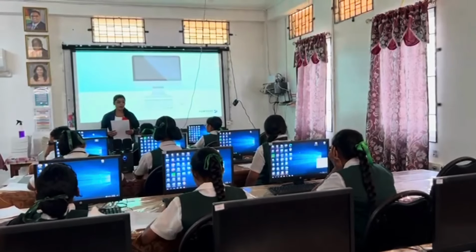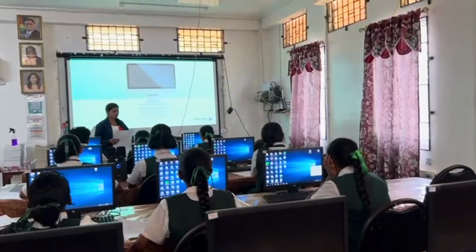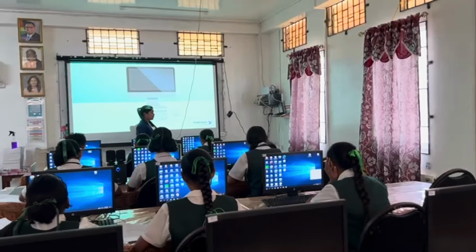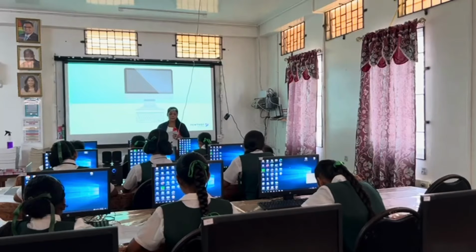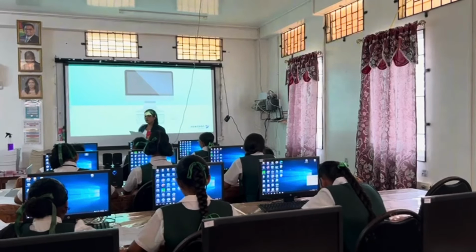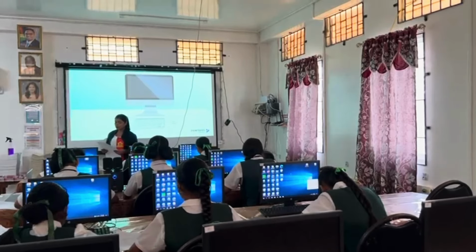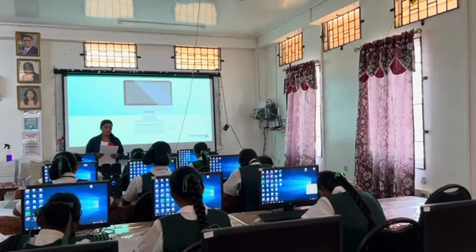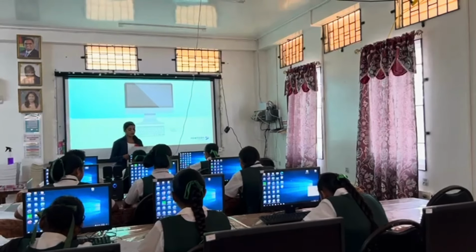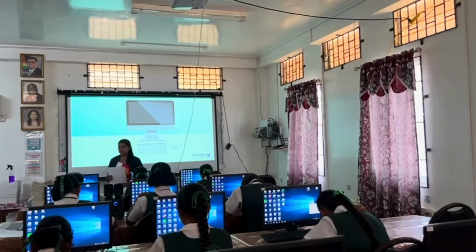Good. So here you have an activity worksheet to complete. It's the parts of the computer and its functions, right? So the instruction is for you to match the following parts of the computer to its function. So we have the parts of the computer and we have its functions, right? So you can begin.